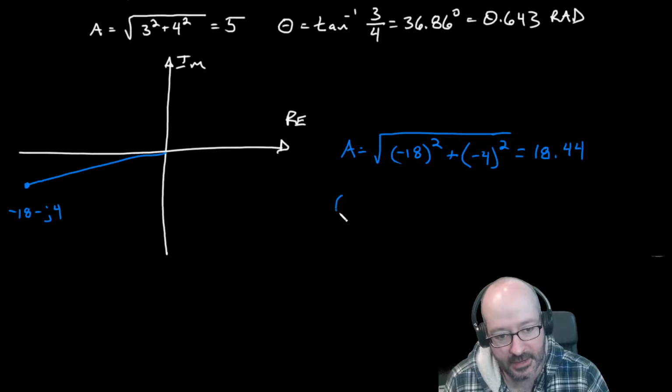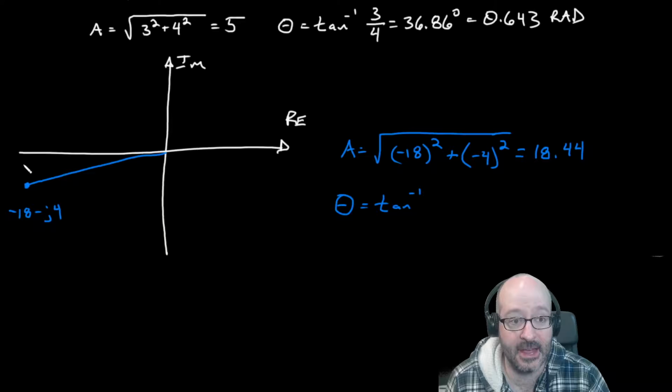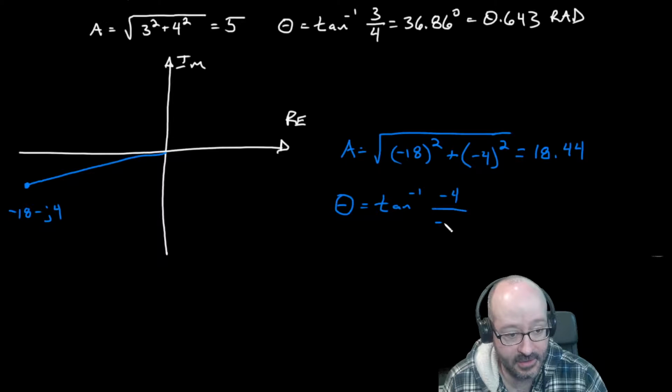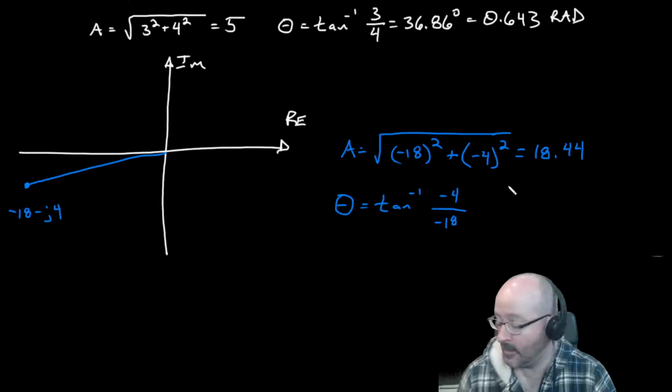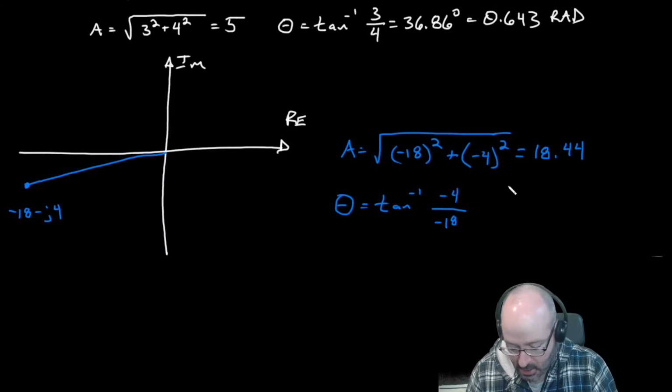Okay, here's where you get into trouble. Okay, theta equals the inverse tan. And let's see, we have the imaginary component, which is -4, over the real component, which is negative 18. Okay, I'm going to check the mode of my calculator. I'm in degree mode.